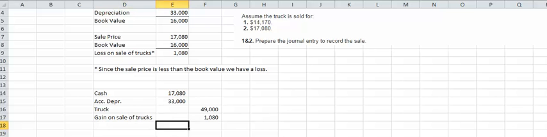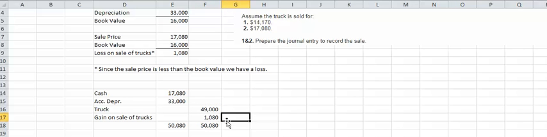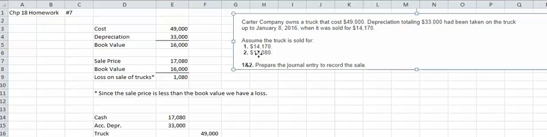So let's check our debits and credits. We have 50,080 and 50,080. And again, that's the same thing. If we didn't have that calculation, if you're just saying what is the sales price over the book value, or if we just said the cost minus depreciation is the book value, subtracting from your 17,080 is a gain.